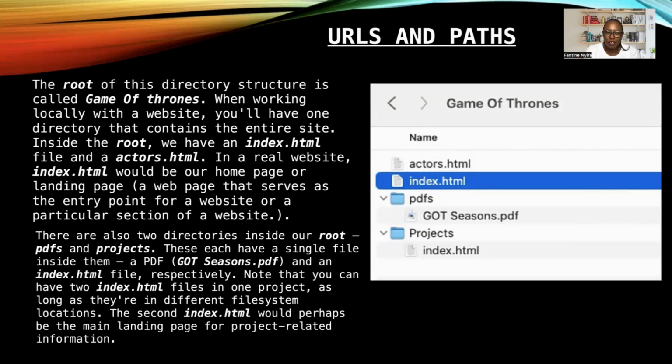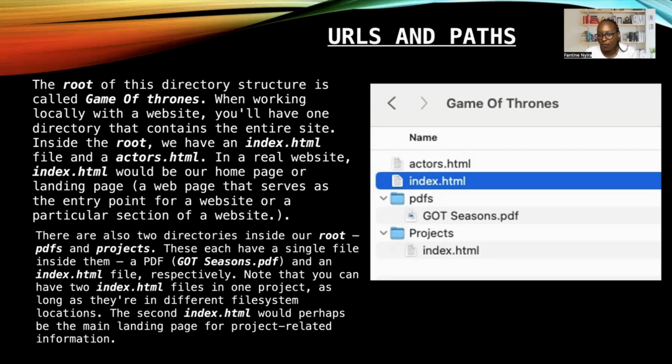When you're working locally with a website, before you put it online or on a web server, you will have one directory that contains the entire website. Inside the root, we have an index.html. It's where the page will land, the first page, like a home page.